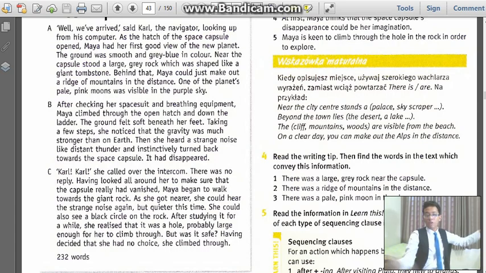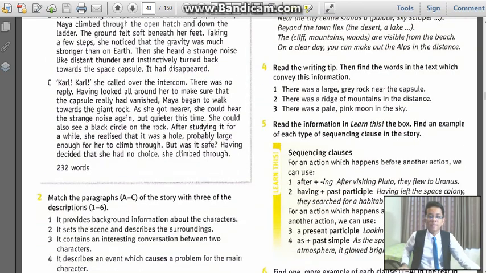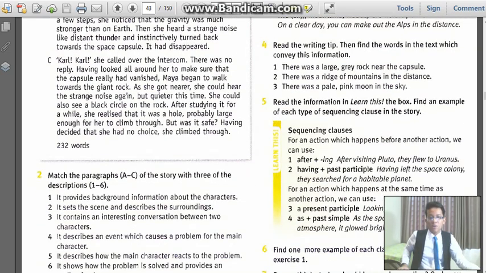So not only do they know that there are many moons around, but they also know that the sky is purple, like the picture at the top of page 110. So it is more imaginative. Now finish exercise number 4.